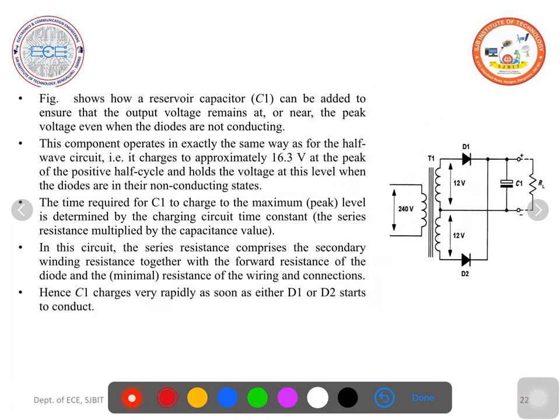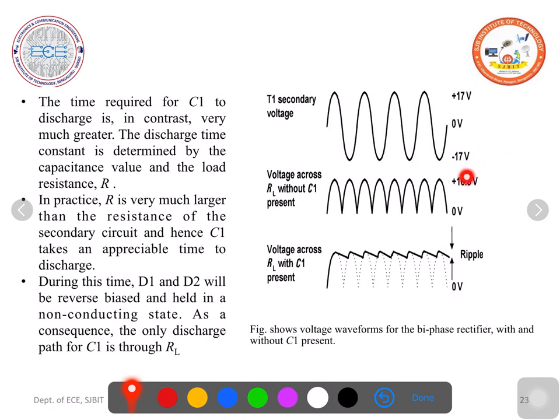Now connect a reservoir capacitor across the load to smooth the output of the rectifier, that is pulsating DC. Now the output voltage will become 16.3 volts. This is the output voltage across the load when there is a reservoir capacitor.